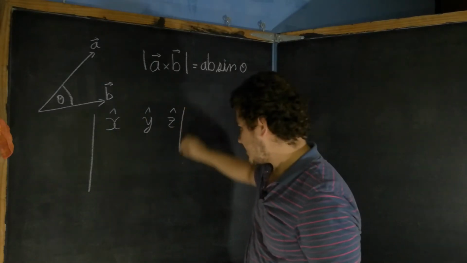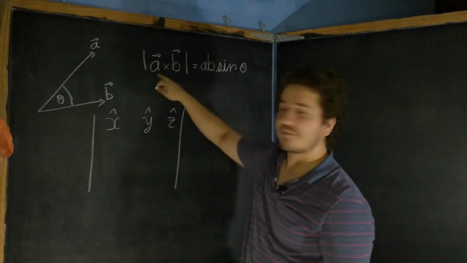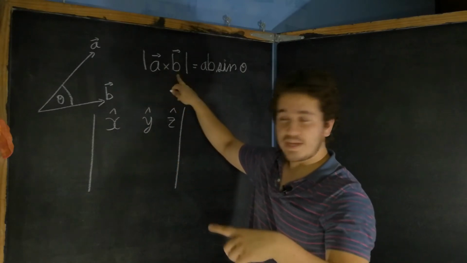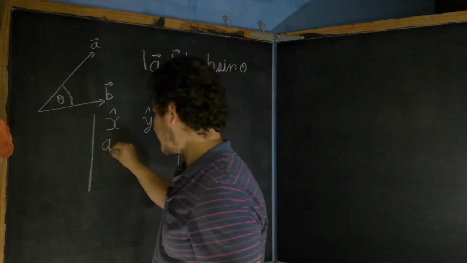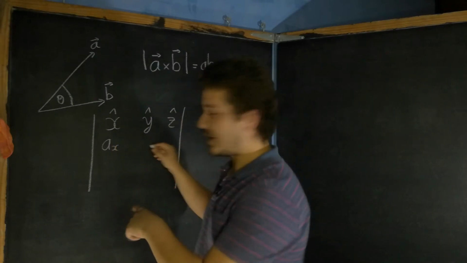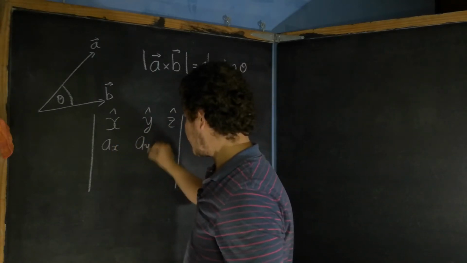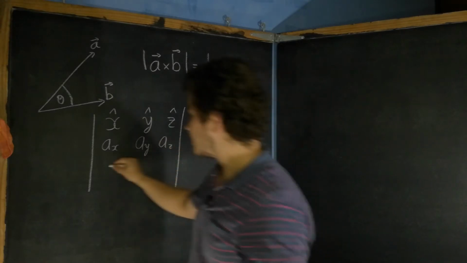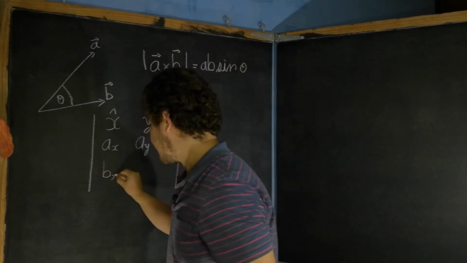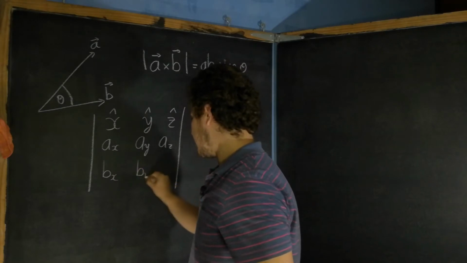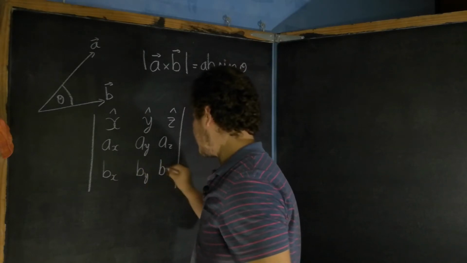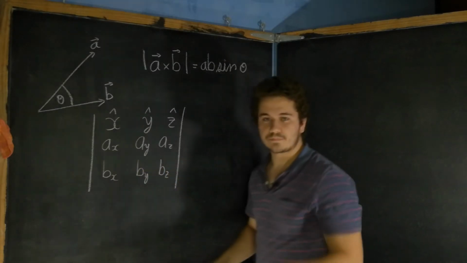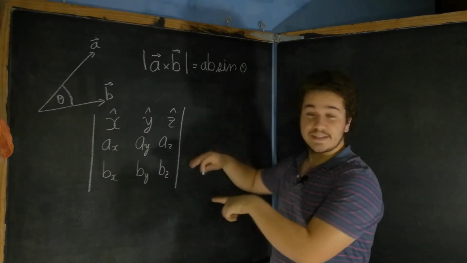And if we have a cross b, we will write the x component of the first vector, the y component of the first vector, and the z component of the first vector. Now we do the same for the second vector, the bx, by, and bz. Now we calculate this determinant.